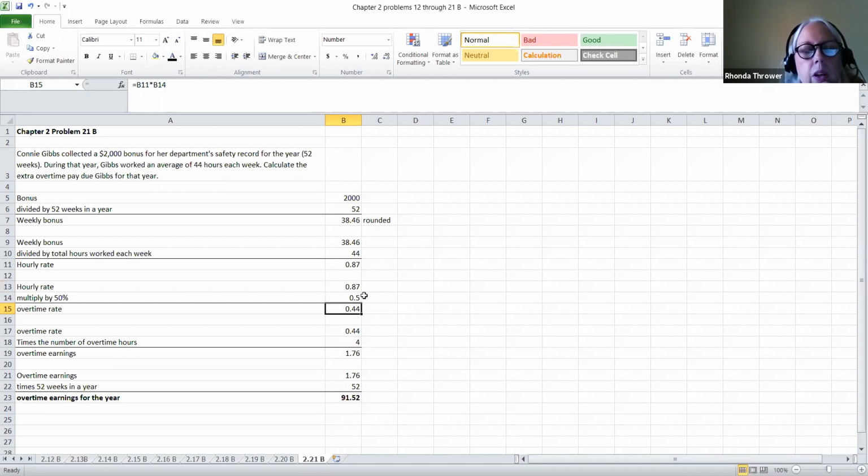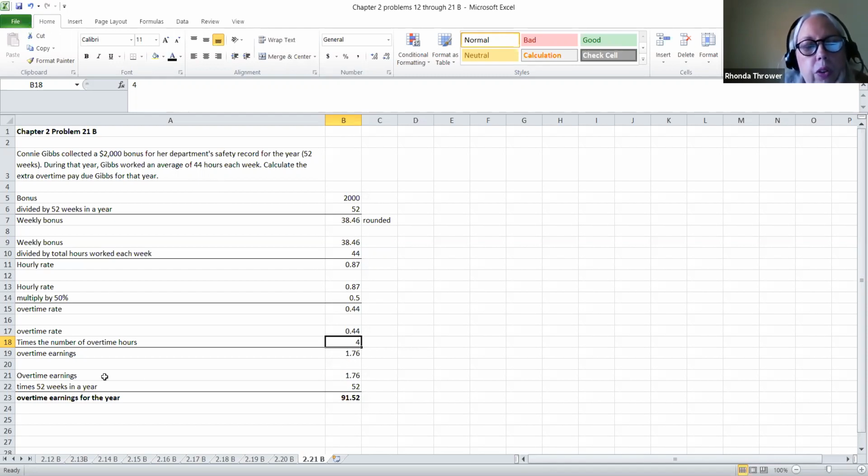That's half of the hourly rate. The overtime rate would be multiplied by the number of overtime hours. The overtime hours in this case was above 40 hours. So they worked 44 hours, that's 4 hours above 40 that would be paid at the overtime amount, or $1.76.